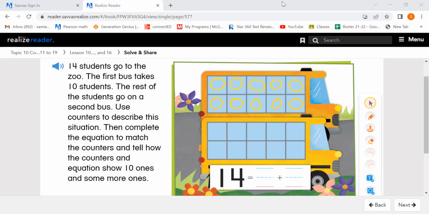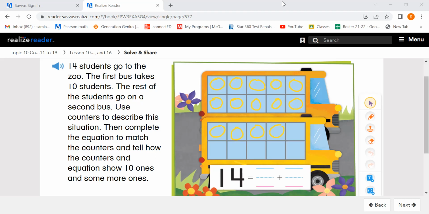We have 14 students in all. So let's count on from 10 and add the students to the second bus. So we go 10, 11, 12, 13, 14. So we're going to complete our equation.